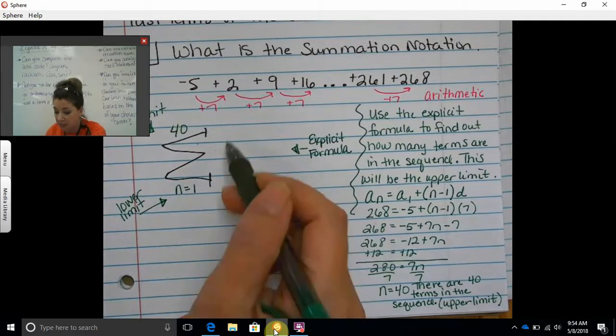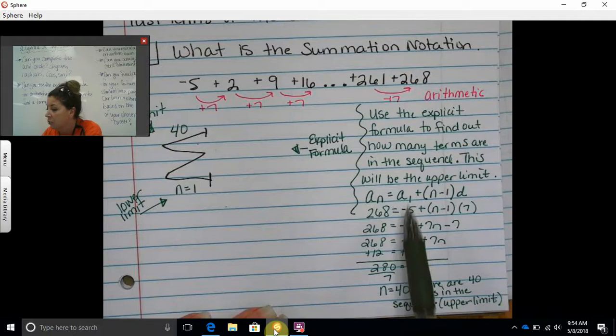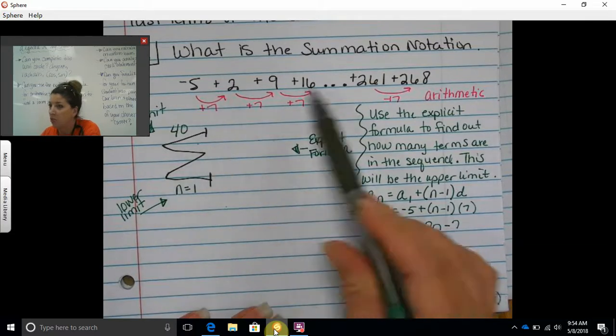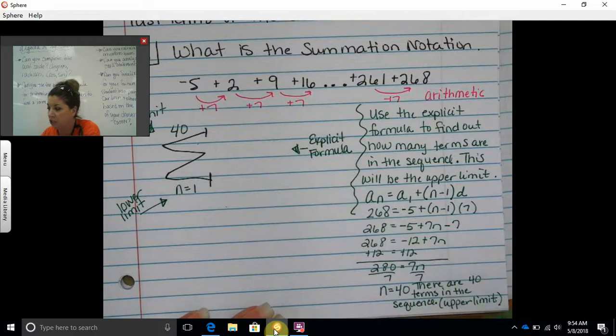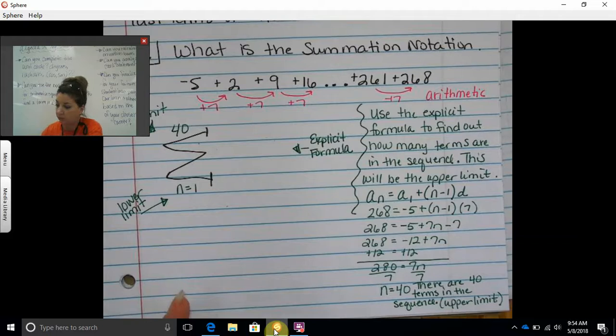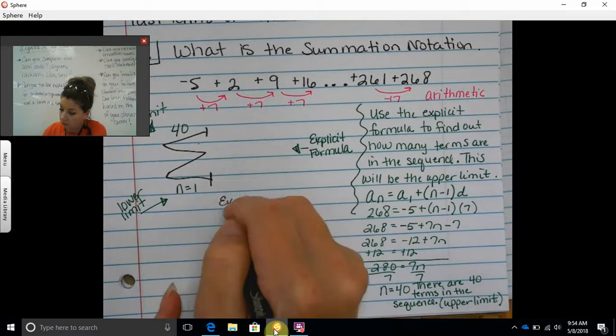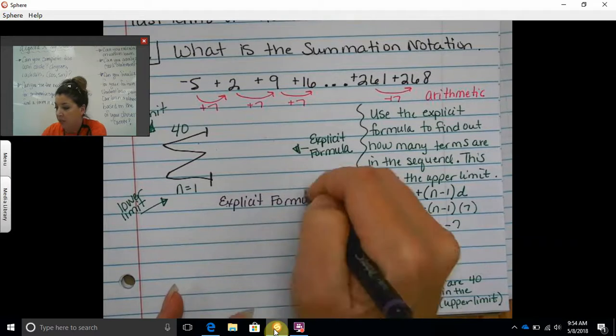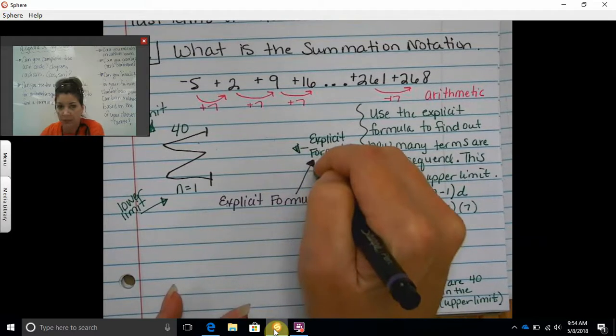Now for the explicit formula, over here, we're not using this explicit formula. We use this number to figure out how many terms were in the sequence, okay? But when we're using the explicit formula here, we're using it for the whole entire sequence. So we're not going to use that 268 as our a sub n. So what you do is, and this part is probably where the kids get most confused, so this is the explicit formula part that I use to find this part right here, okay?